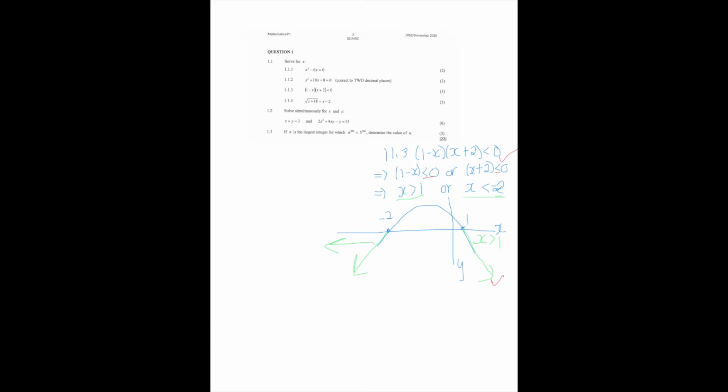And then you get your second and third marks from the correct values of x, where you show that the values of y are negative where x is greater than 1 and where x is less than -2. Okay, so that will give you your total of 3 marks. Boom. And then you're done with question 1.1.3.